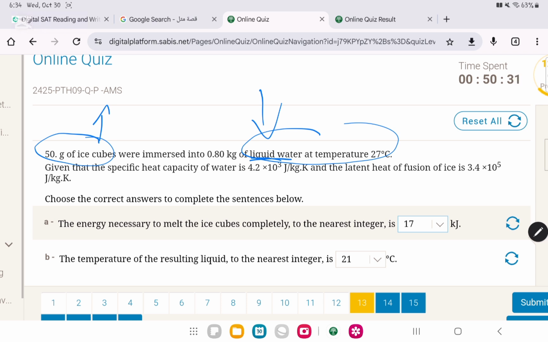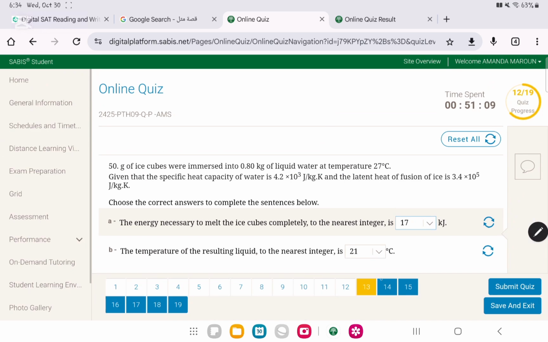Here, they're asking us for the temperature of the resulting liquid, and since we have a solid and a liquid, if you add the ice into the water, the water is going to cool down, the temperature is going to decrease, whereas the ice cubes are going to heat up, or their temperature is going to increase. So that's question number 13 done.